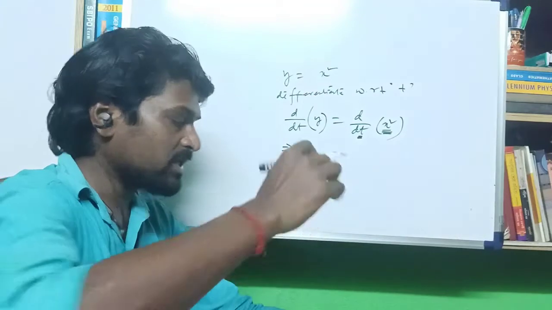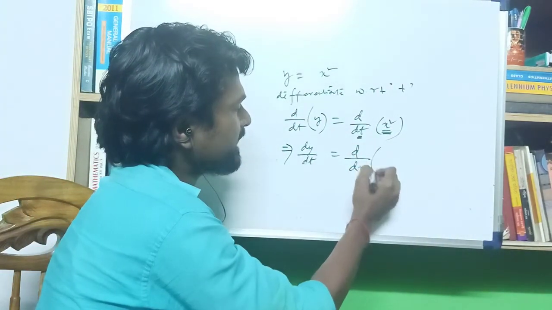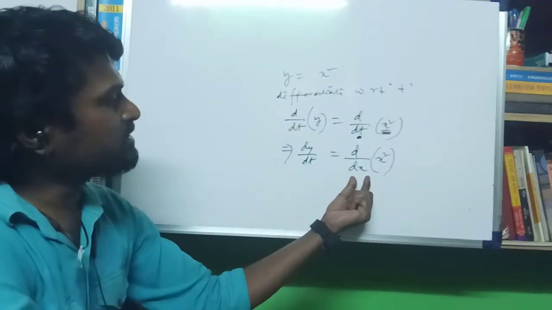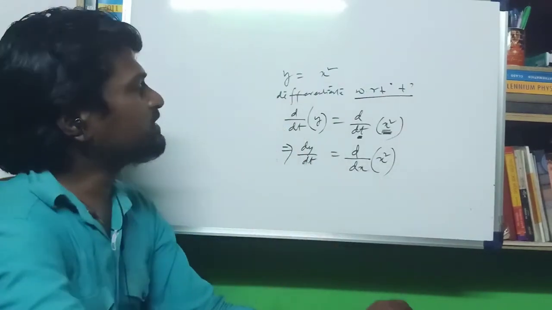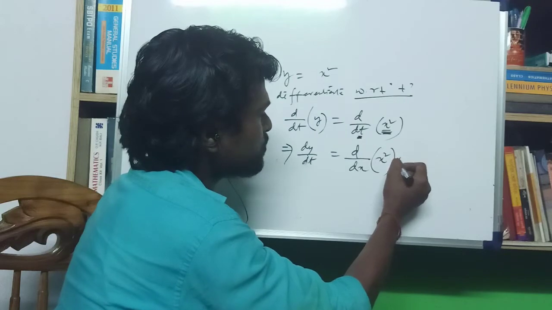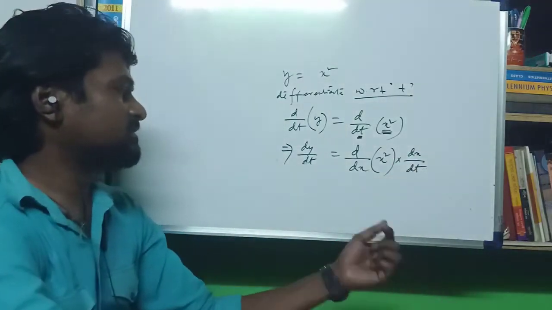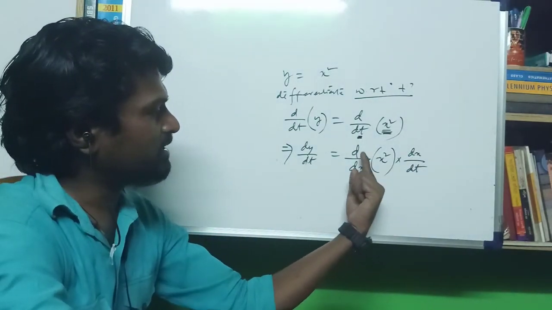So you apply the chain rule here: d/dx of x square, but it is not given here. You have to differentiate with respect to t. So d/dx of x square into dx by dt. You can think of dx canceling each other, so it is d/dt of x square.